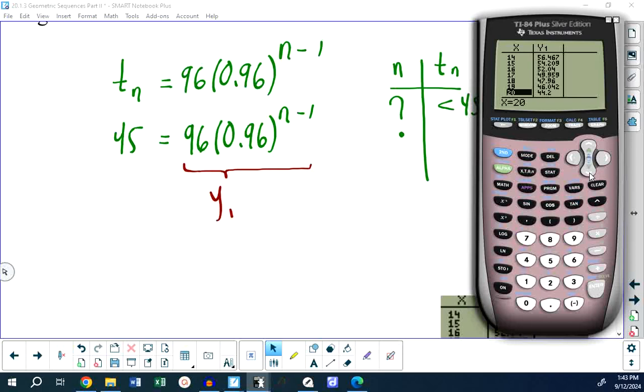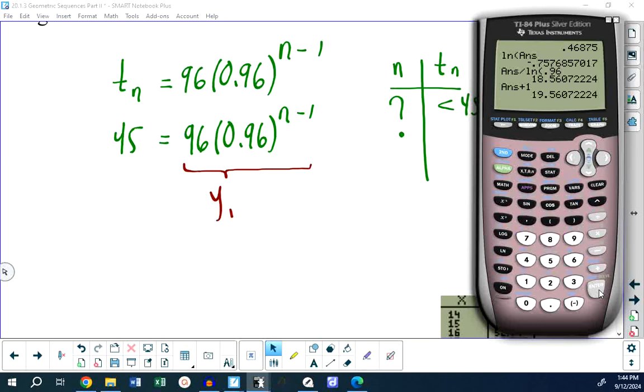So the answer is 19 years. If you could solve this algebraically, and do not worry about what I just did, okay, I did some Math 30, you would get n is equal to this number.